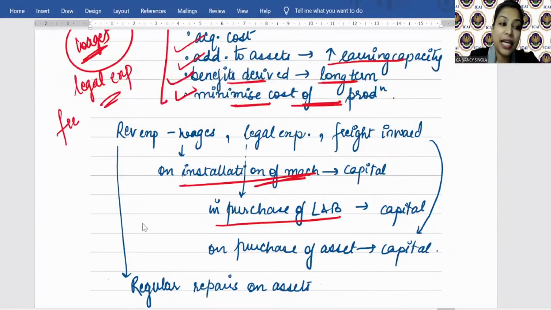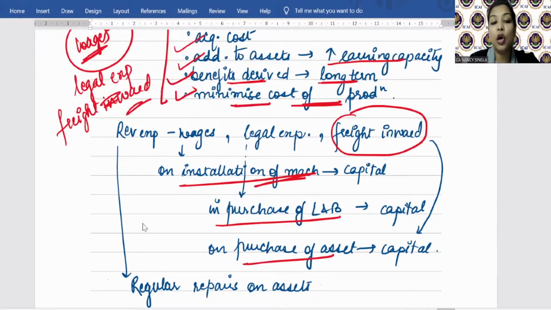Same way freight inward, though it is what a revenue kind of nature, a revenue expenditure, right? But where the freight inward is incurred on purchase of any asset, so again it will be capitalized, because unless and until these expenses were incurred, ye asset create hi nahi hota na, so these will be what? These will be capitalized. Clear?